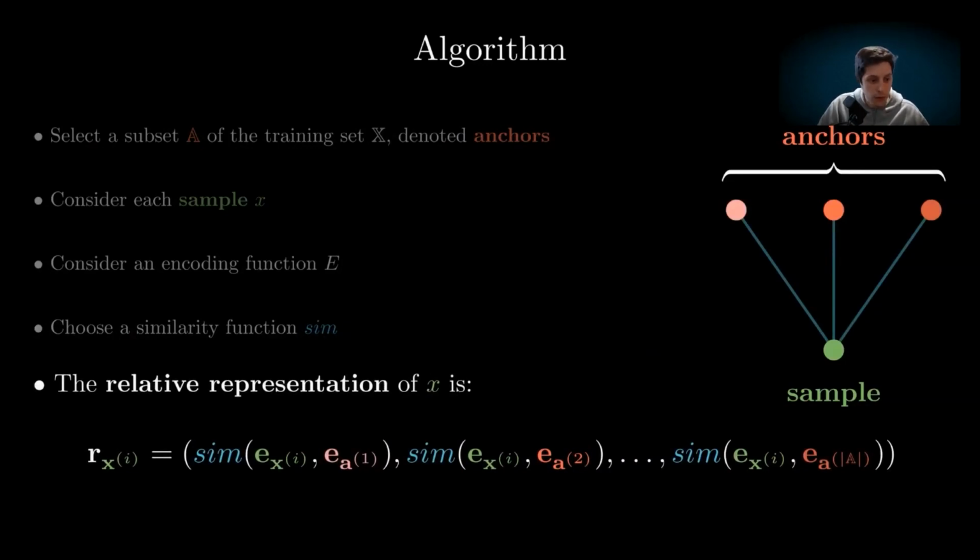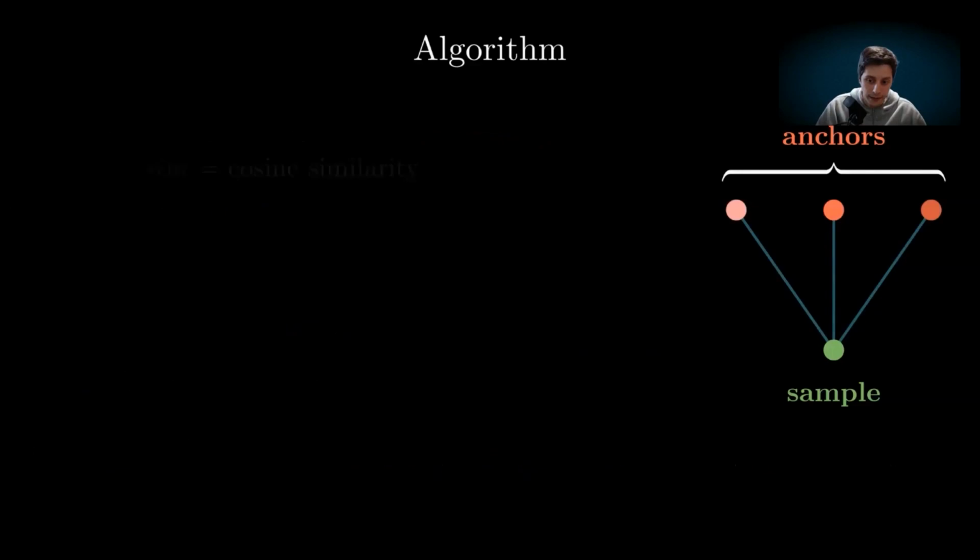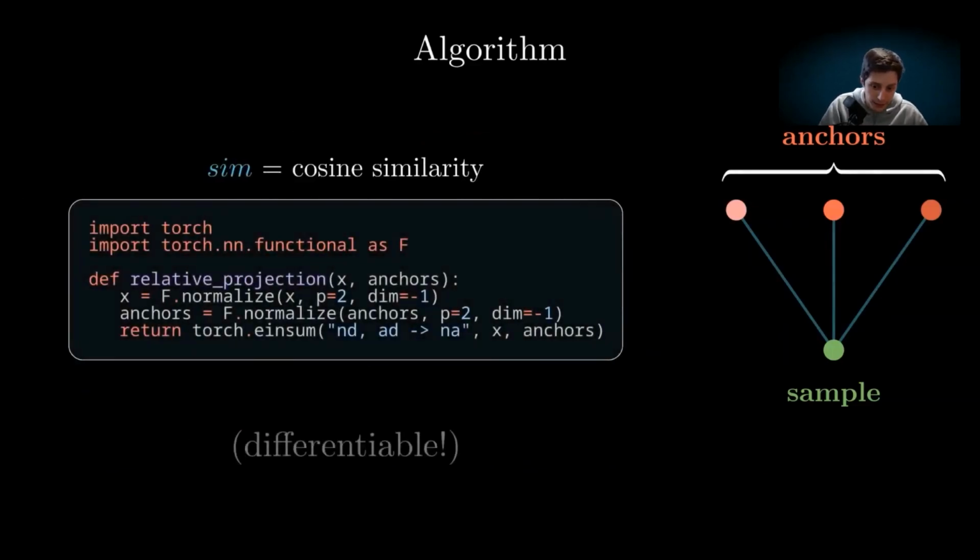And we choose some similarity function to compute a latent distance between each anchor and the sample. Then these similarities, these distances, are our new representation for the sample. And this is what we call the relative representation of our sample x.